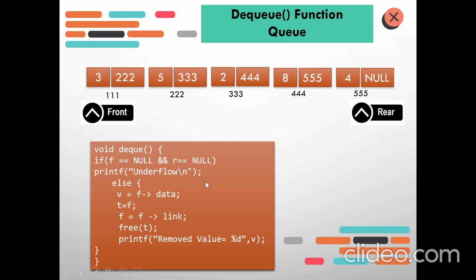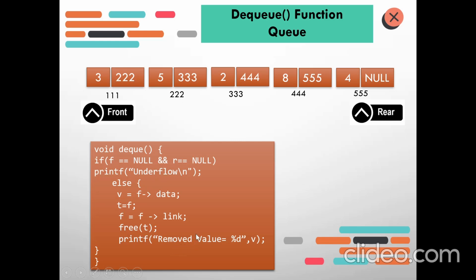Now two things need to be done. One is to remove this, since this has been detached from this queue, or we need to detach it, we would free its memory. So we are freeing what? T, right? We cannot free f because it has been advanced to 2 2 2. So that is why I saved front's value to t earlier, right?